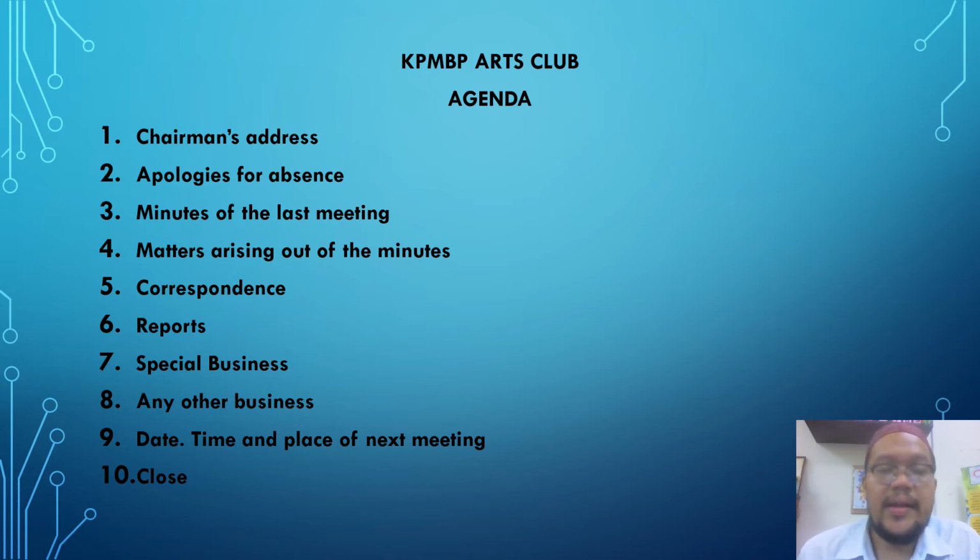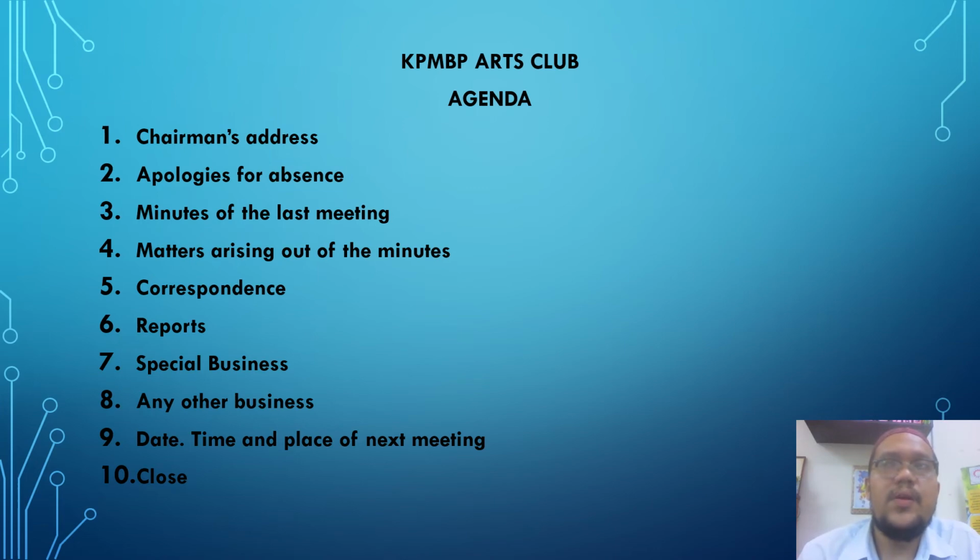The secretary will announce who are the absentees for today's meeting and why. Is it with reason or without reason? All right. Okay, the third one after apologies for absence is minutes of the last meeting. Usually again read by the secretary.